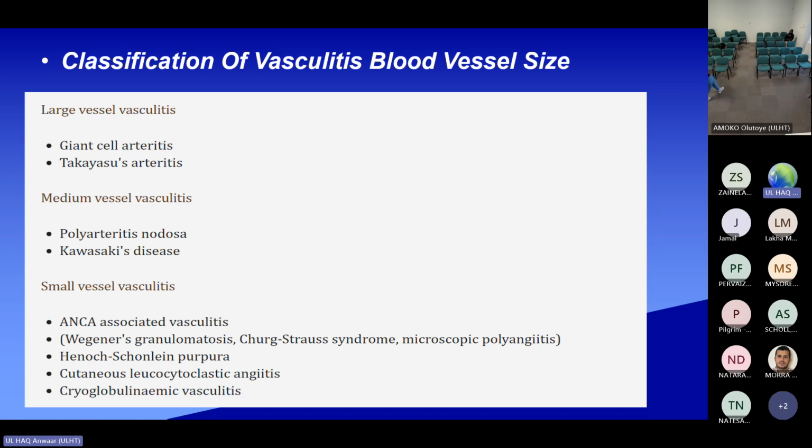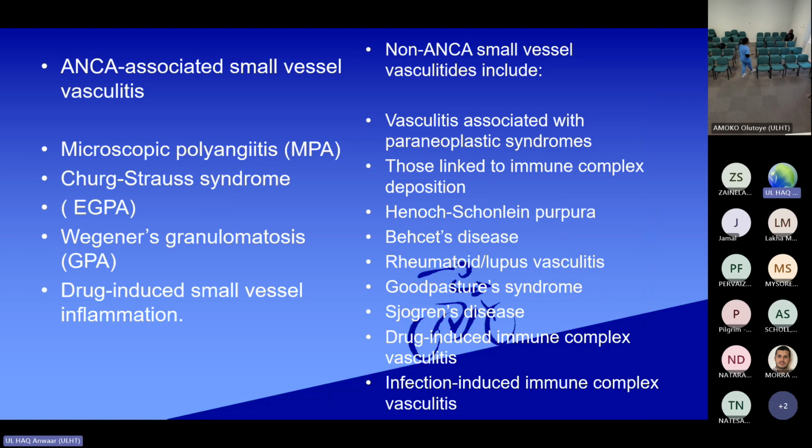The next thing is we can classify them on the basis of ANCA-associated vasculitis. ANCA is antibodies that we normally request when we suspect vasculitis. If it is ANCA-associated vasculitis, we normally have three further categories.